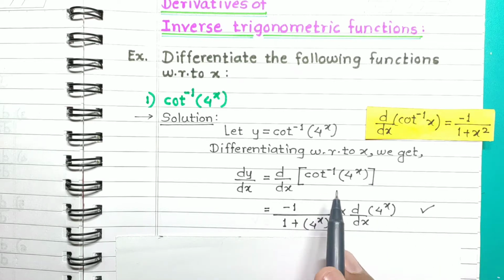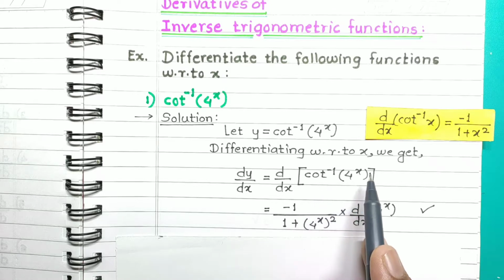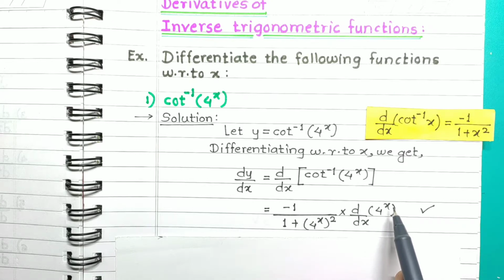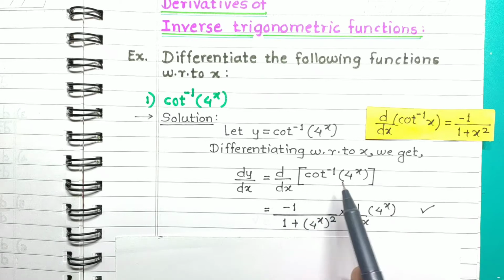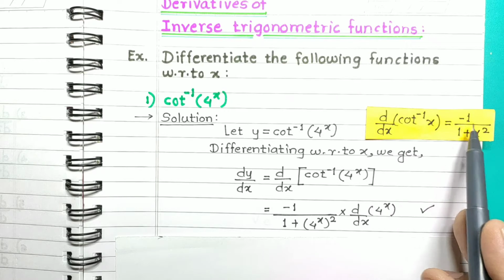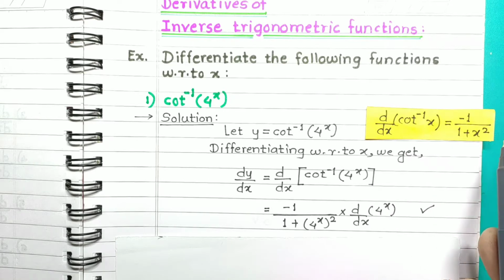Again, derivative of cot inverse of something is minus 1 upon 1 plus something square into derivative of something, which is 4 raised to x. We have treated this as the standard form, derivative of cot inverse of x as minus 1 upon 1 plus x square. You note this step properly.